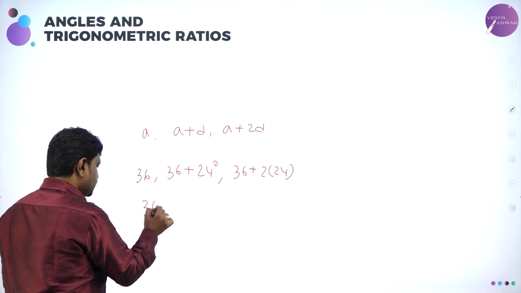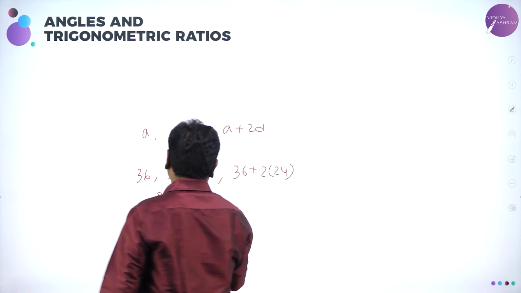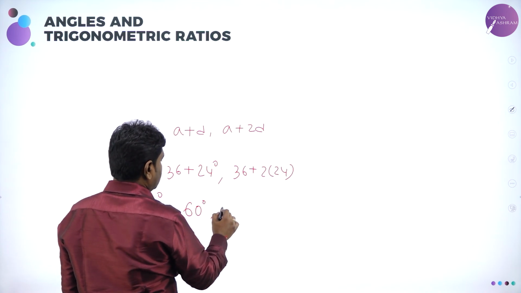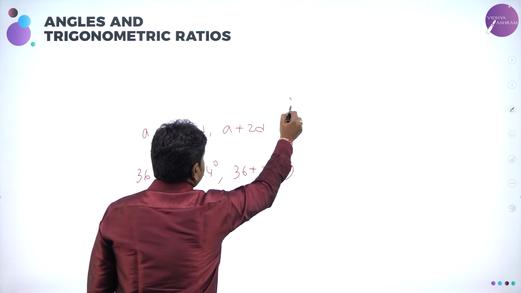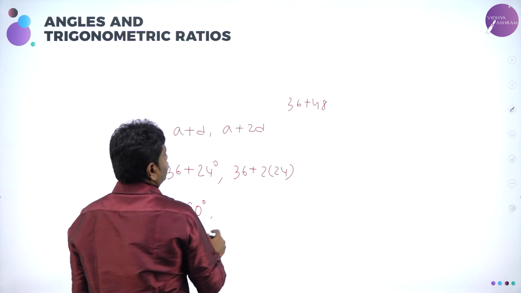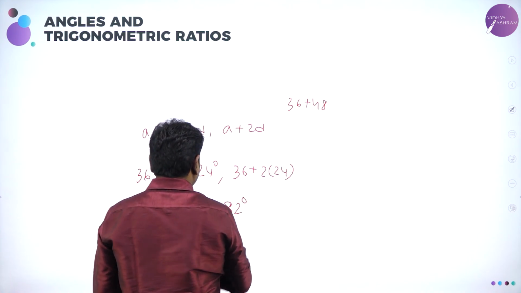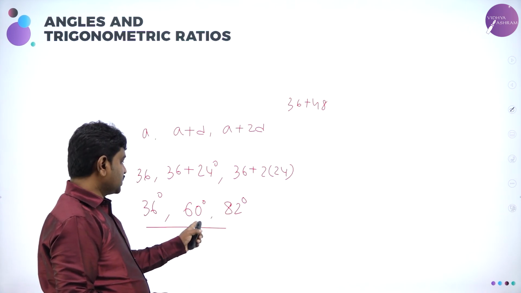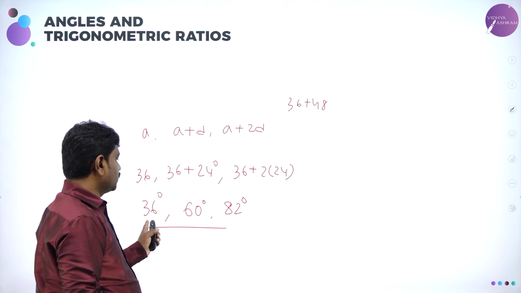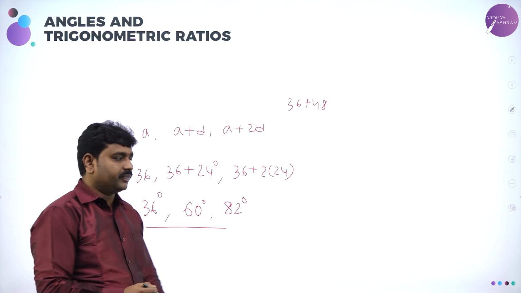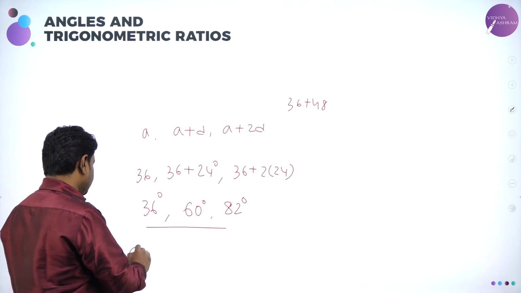So 36 degrees, 36 plus 24 is 60 degrees, and 36 plus 2 times 24, which is 48, gives you 84 degrees. If you add all, 36 plus 60 is 96, plus 84 is 180. So these are the angles.